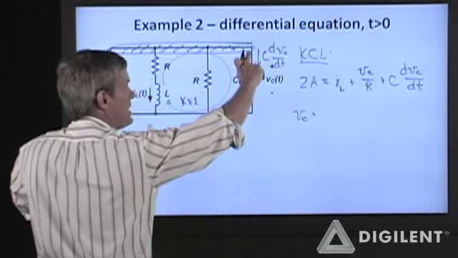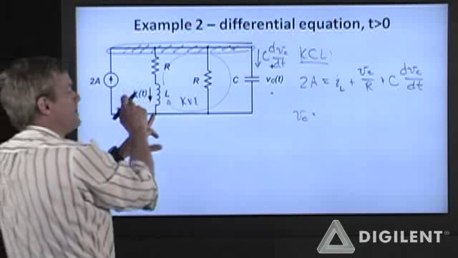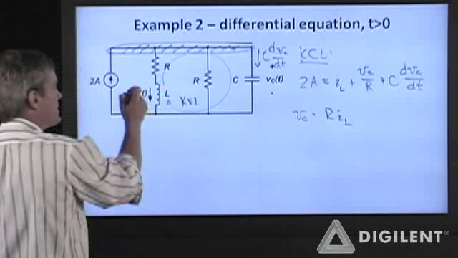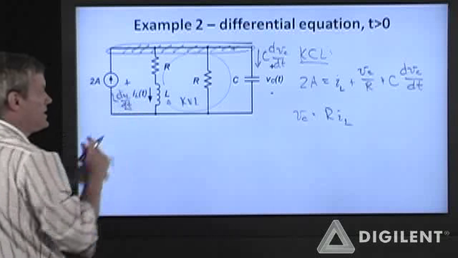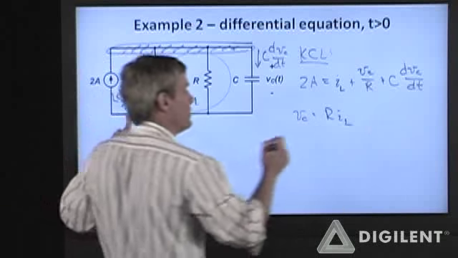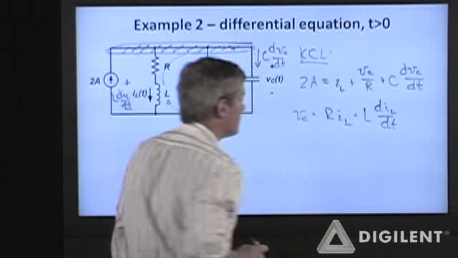So V sub c is equal to the voltage across the resistor, which is just the resistance times the current, plus this voltage across the inductor, which is just L dIL by dt. Again, current is entering the positive voltage node. Okay?